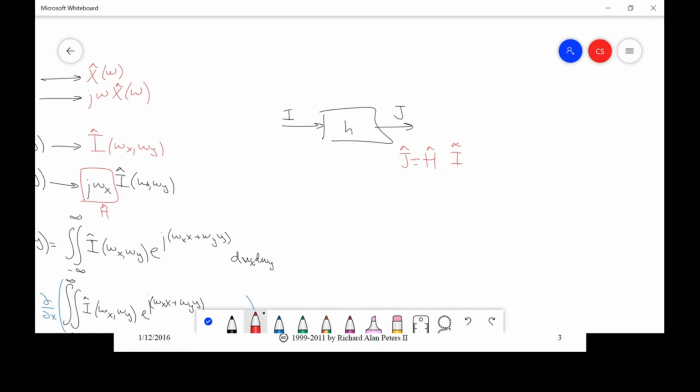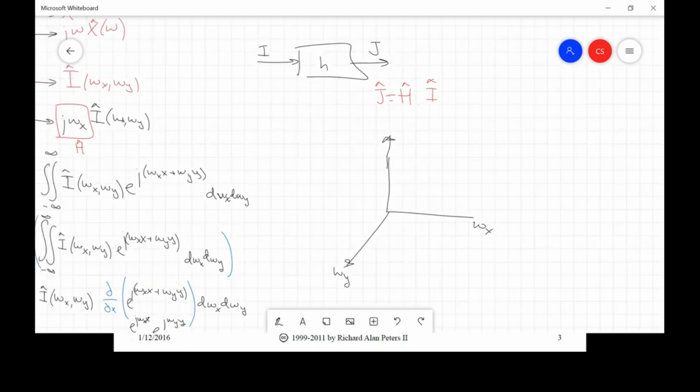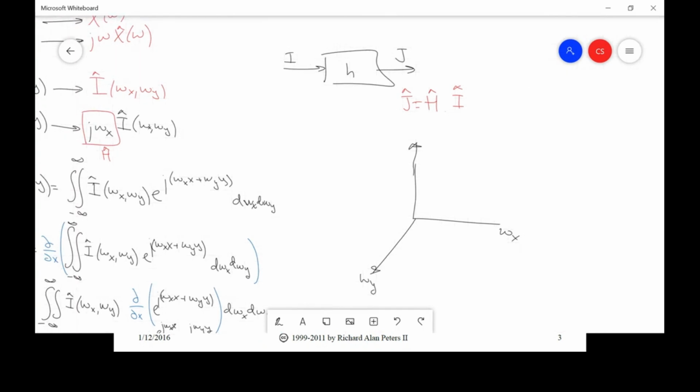So how does the filter look like? So let us try to represent here, this is omega x, and omega y. I will draw only the module of H as a function of omega, because the filter is complex, okay?